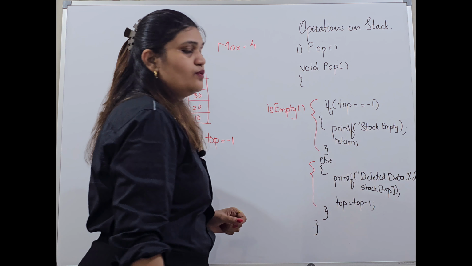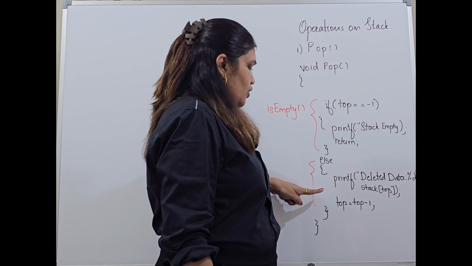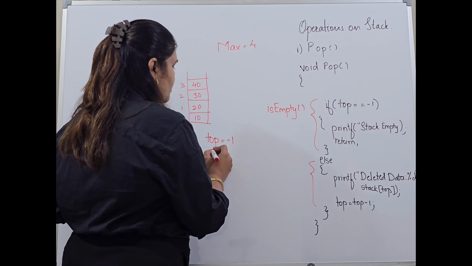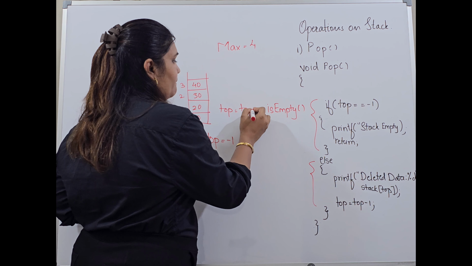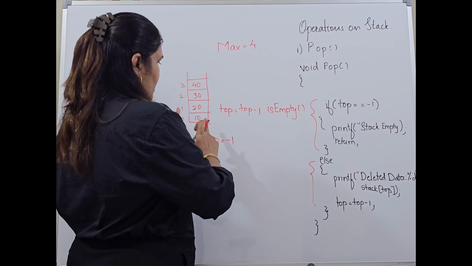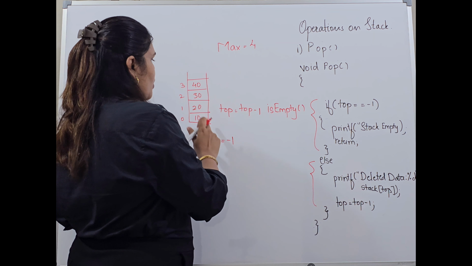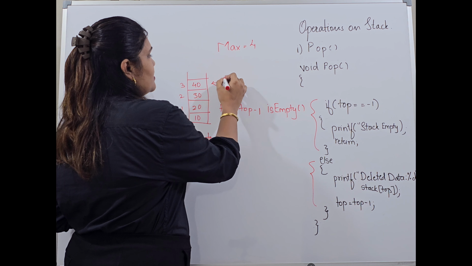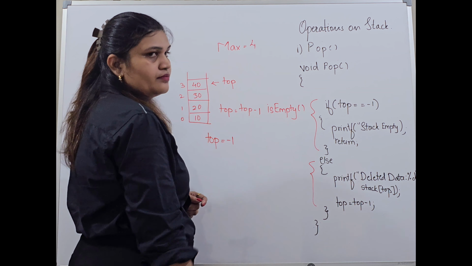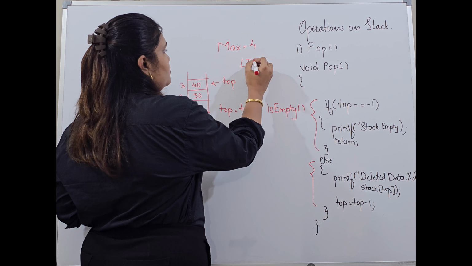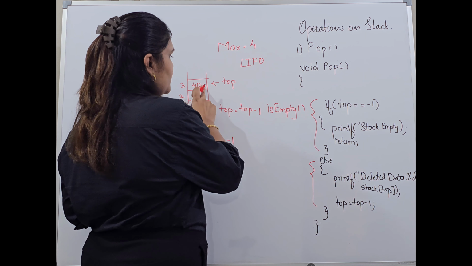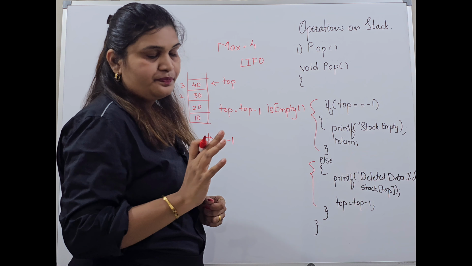Now here I'm trying to delete the element. You just have to perform top equal to top - 1. In this particular stack, my top would be pointing to the last element that is inserted. And we already know that a stack follows LIFO, that is, the last element inserted is the first to come out.